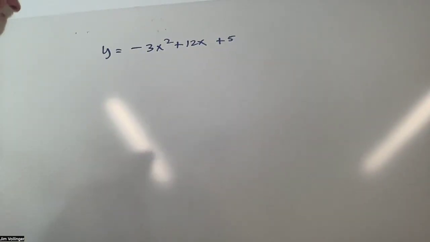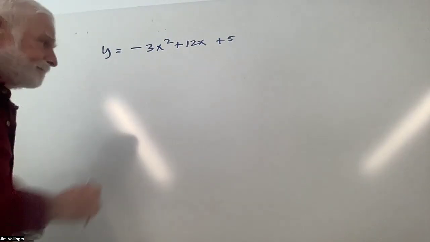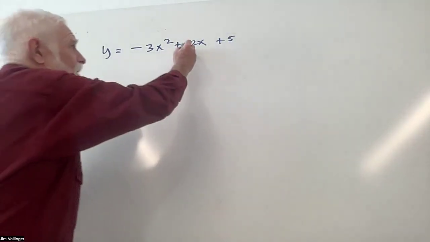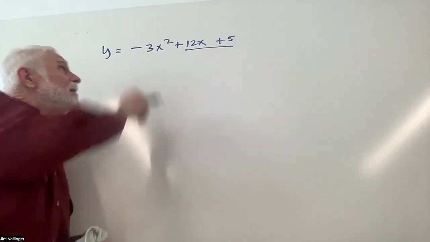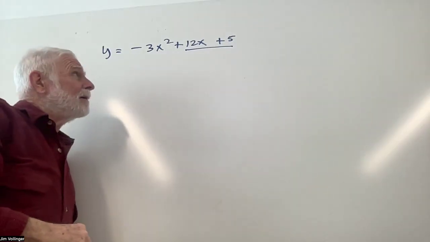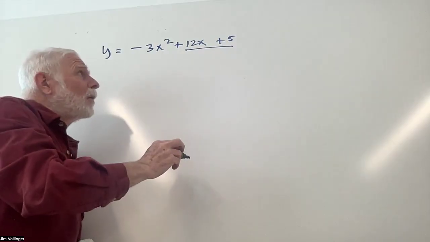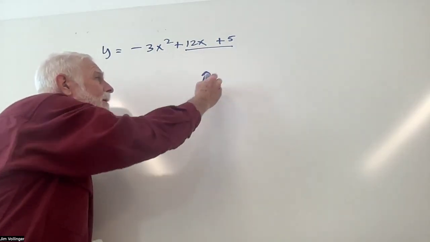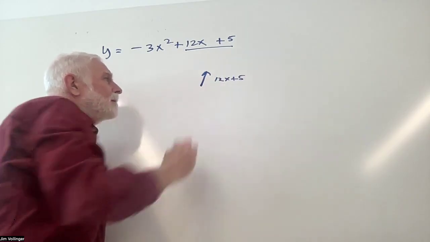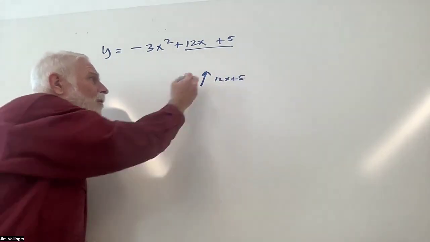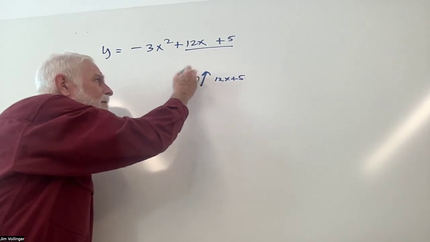Well, one thing I know is the shape. And the other thing I know is that actually is the tangent line to this shape. So I look at that and I go, okay, I'm going up at 12 to 1. So this is that line. That's the tangent line to 0, 5.